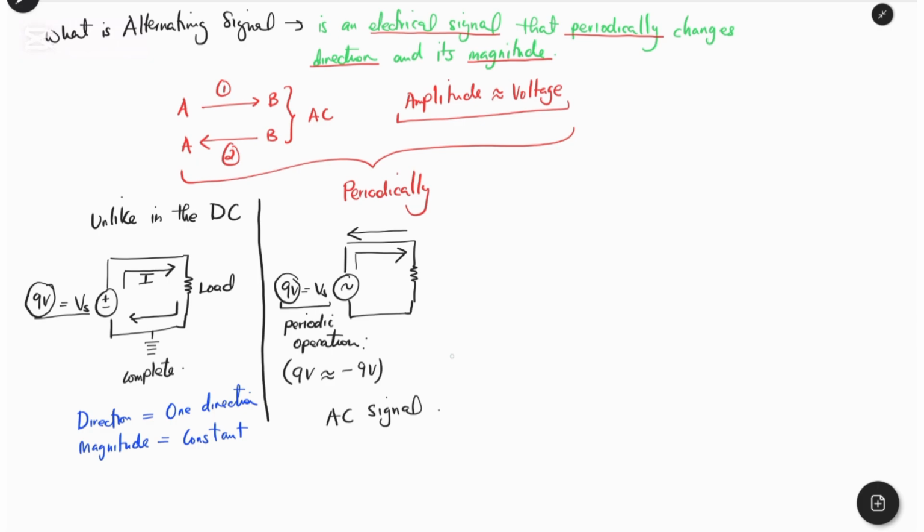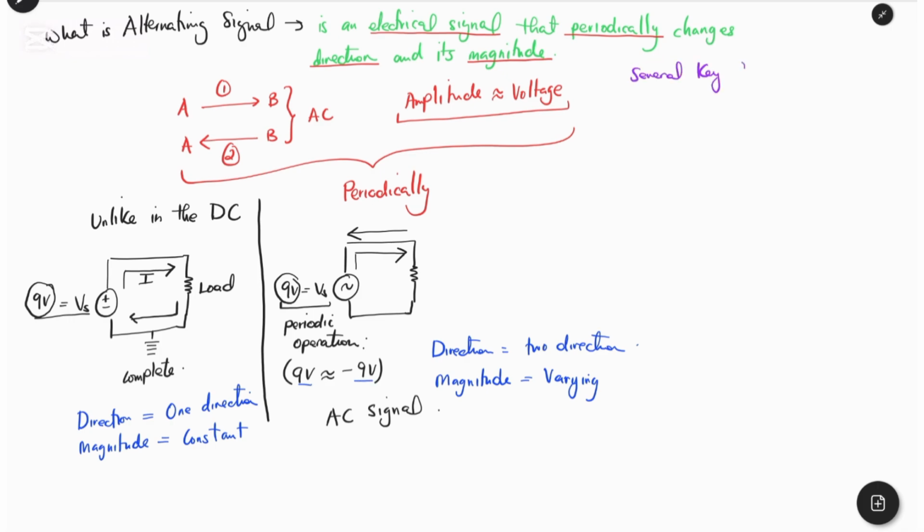And when we compare with the AC signal, in terms of the direction, we have two directions of movement of the current, and the magnitude is varying, because it will vary from positive 9 to negative 9 volts.